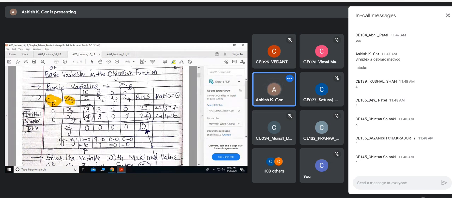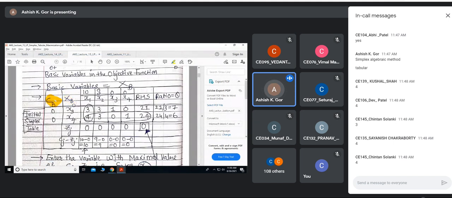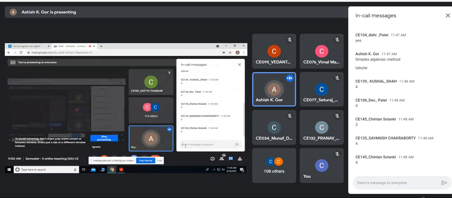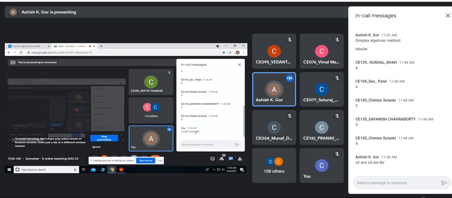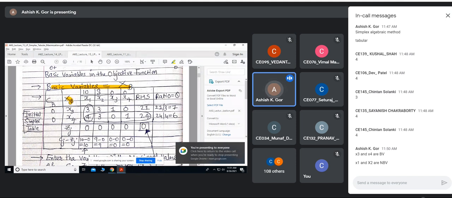Then the second is XB, which means a basic variable. So initially, you know what the basic variables were? The slack variables in the first iteration, x3 and x4. They are the basic variables, and the others, x1 and x2, are non-basic variables. So I write under the XB column, x3, x4.